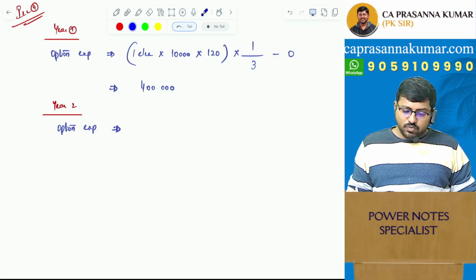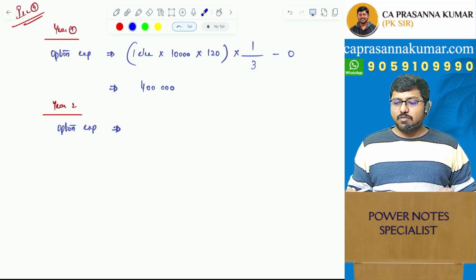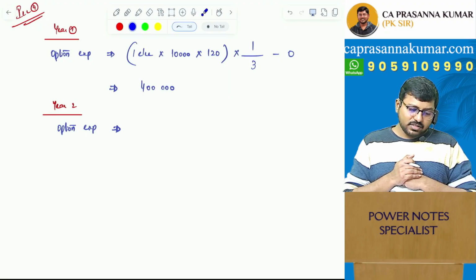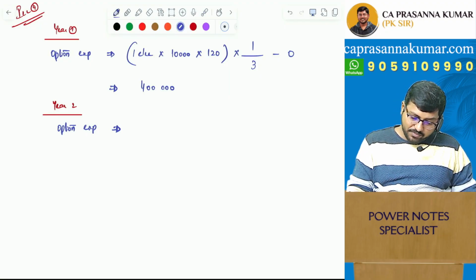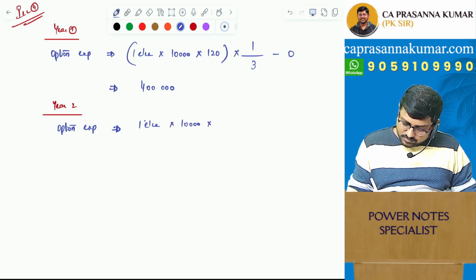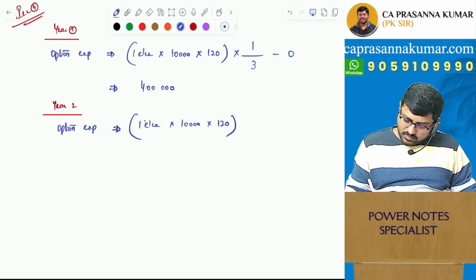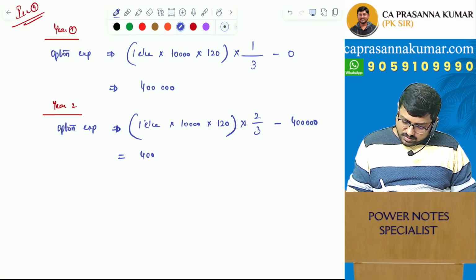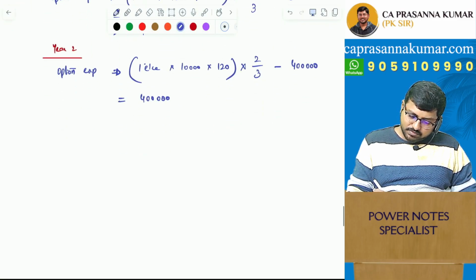So therefore what will we do? We need to reverse it? No. Exactly the same expenditure you will recognize, into 2 by 3 minus expenditure recognized in the previous year. This will also be 4 lakhs.